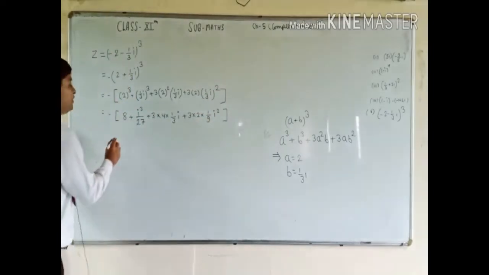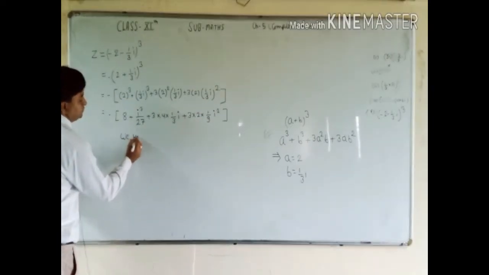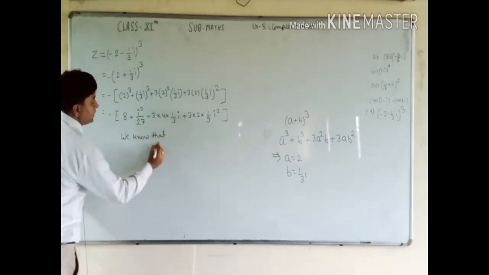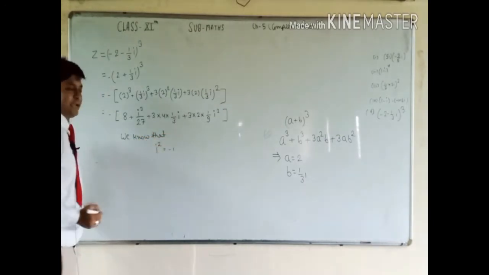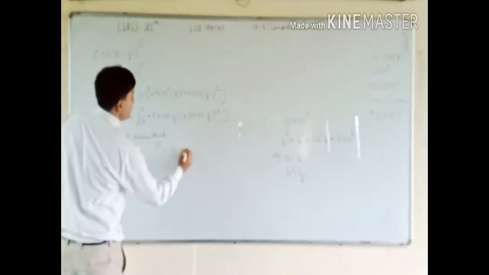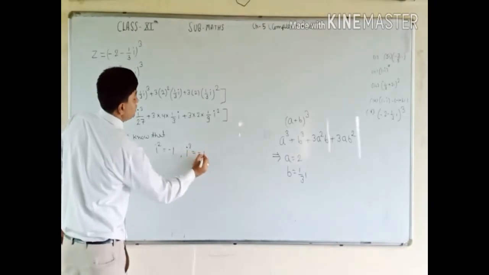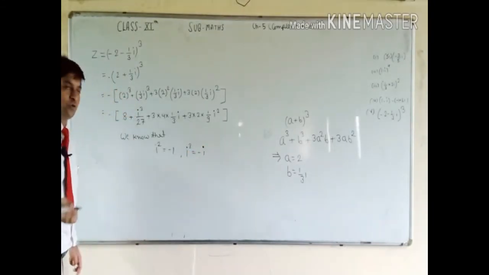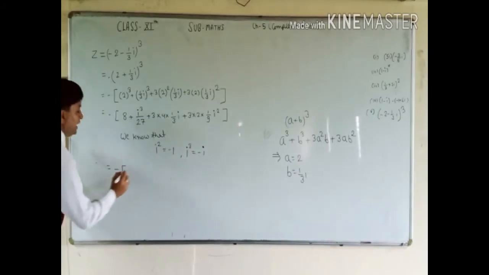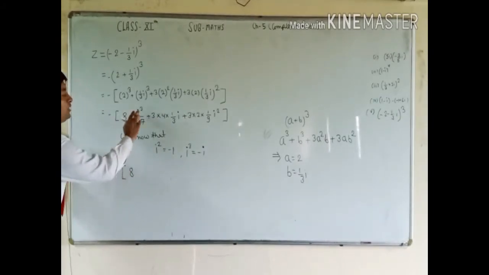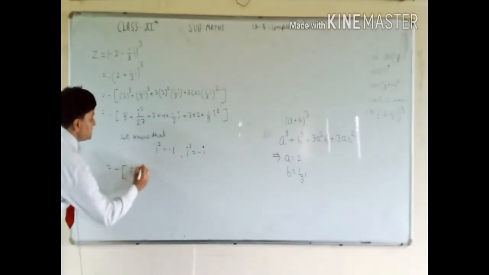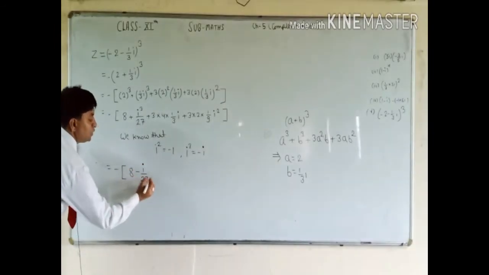But we know that iota square is equal to minus 1 and iota cube is equal to minus iota. So the value is changed, and we know that iota cube is equal to minus iota, so this is minus iota upon 27.